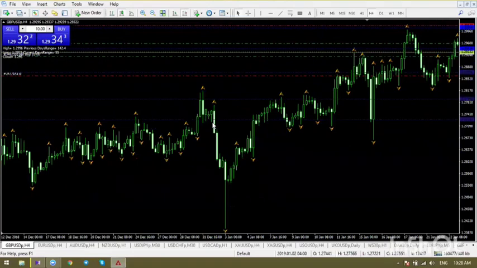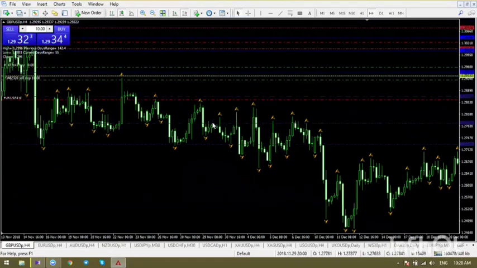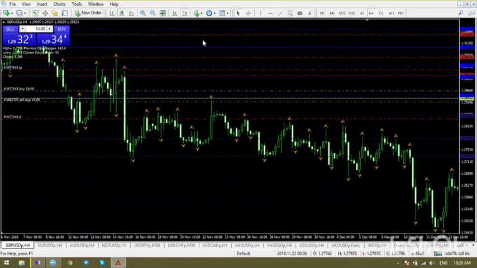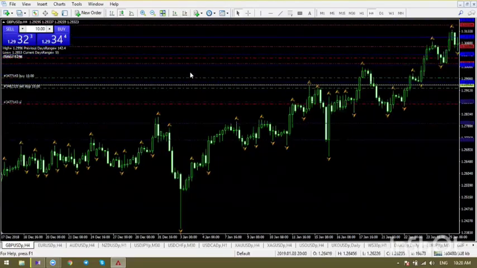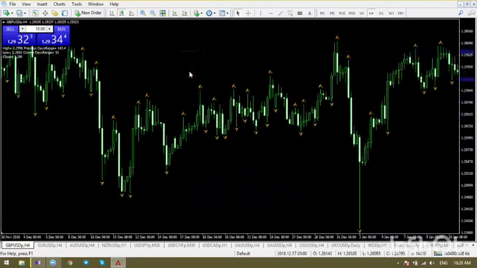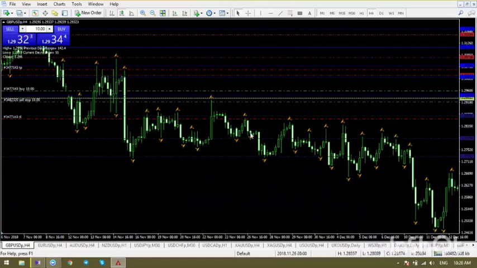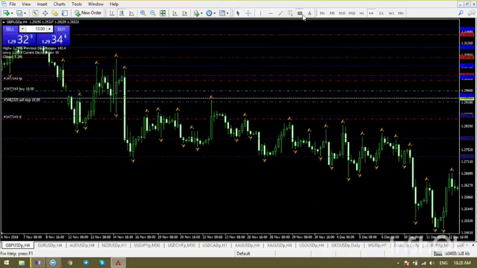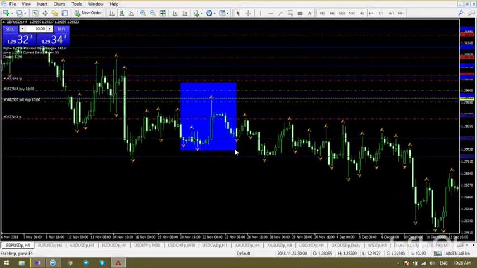Please don't move your pointer. It was right here. This candlestick. You're right. This one. If you click on the screen, you will have access.